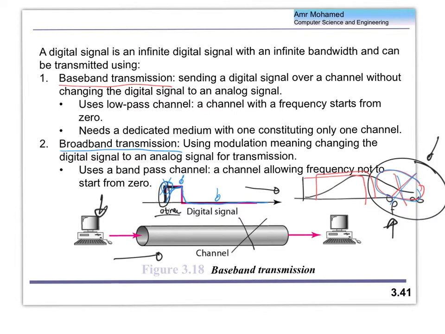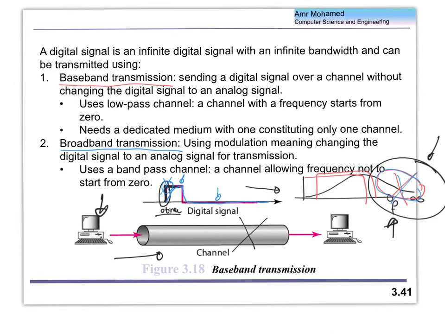Which means that when we convert the data into ones and zeros, we transfer the digital signal. The digital signal here could be non-return to zero, could be Manchester, could be anything, and we will learn that in the next chapter in detail.